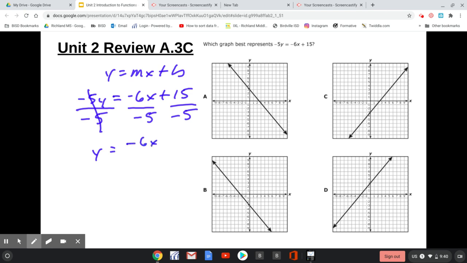negative 6x over negative 5 plus negative 3, because 15 divided by negative 5 is negative 3. So I'm going to put negative 3 here. And now I need to divide negative 6 divided by negative 5. Let's see what we get if we do that on the calculator.